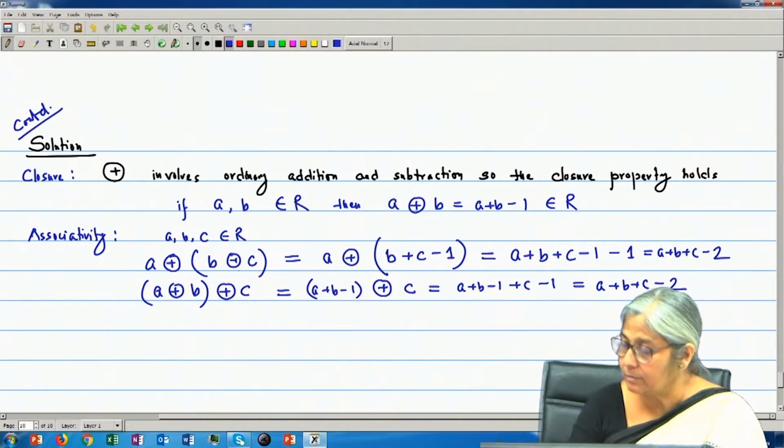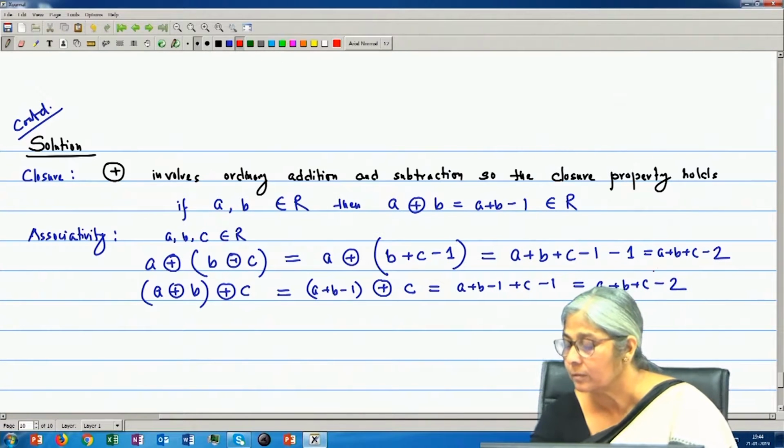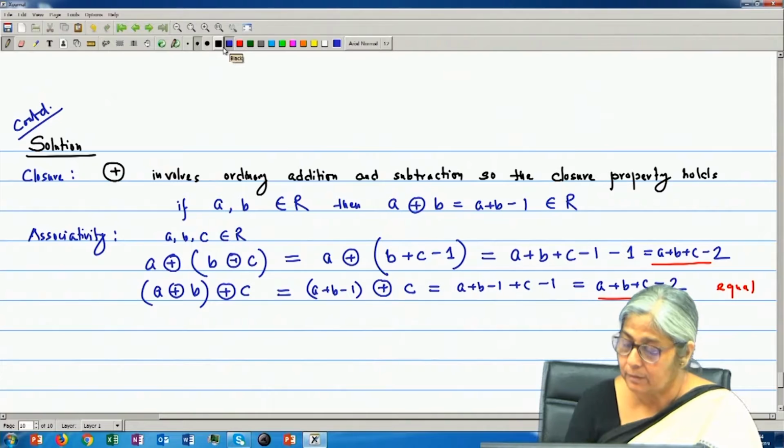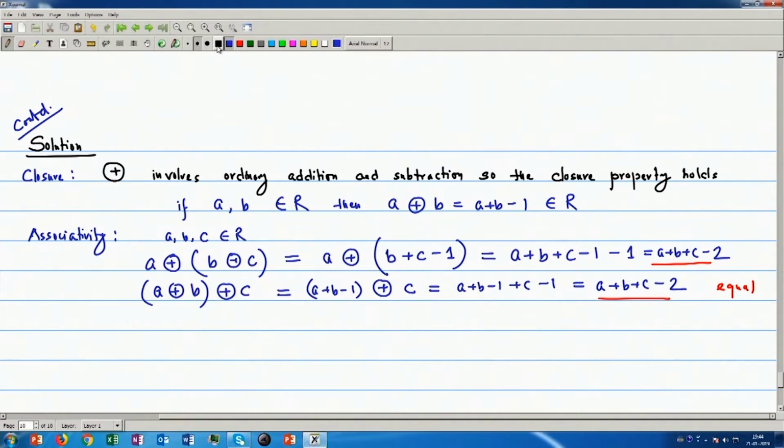So, these are equal. What we see is that these two are equal, so the associative property holds.